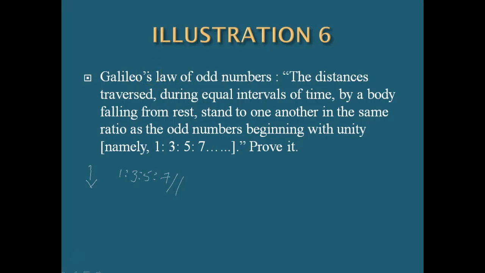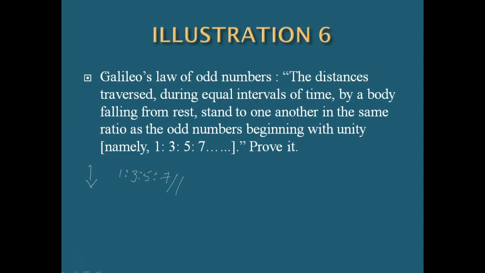So let us divide the time interval of motion of an object under free fall into many equal intervals, tau, and find out the distances traversed during the successive intervals of time.